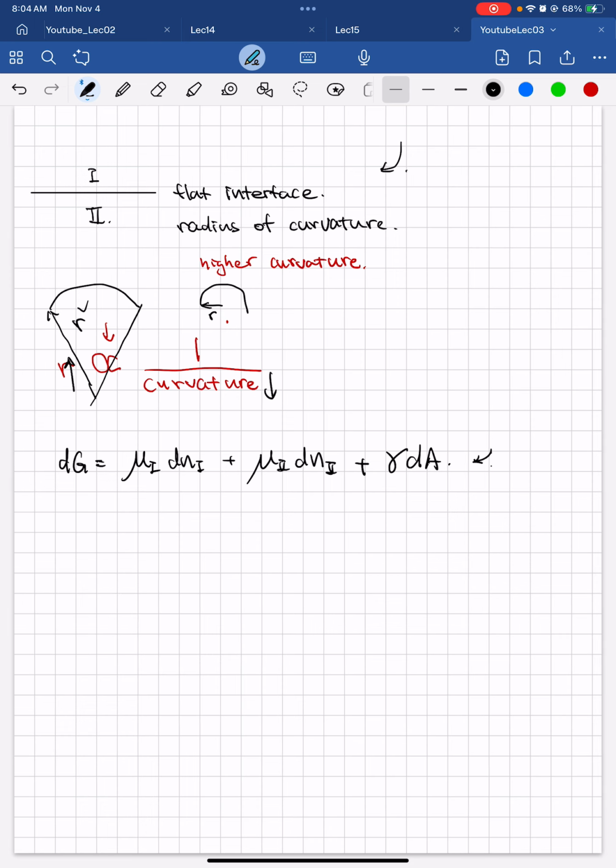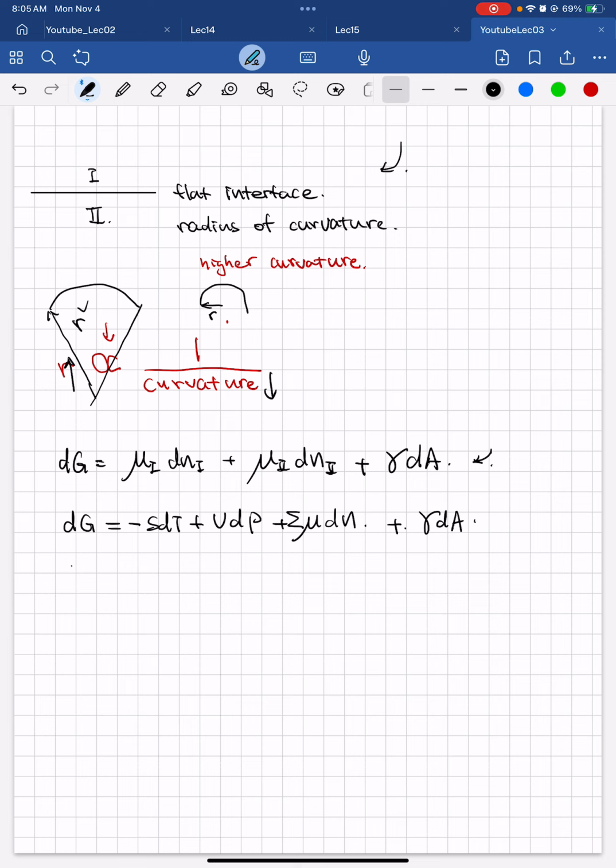This equation is coming from this: dG equals minus S dT minus V dP, plus S dT plus V dP, plus mu dn plus gamma dA.